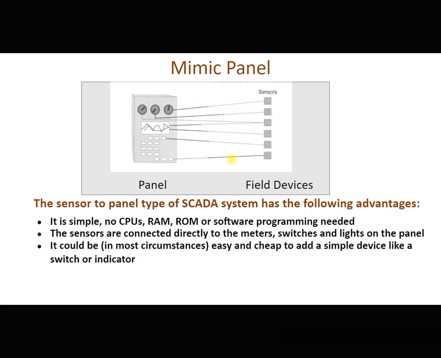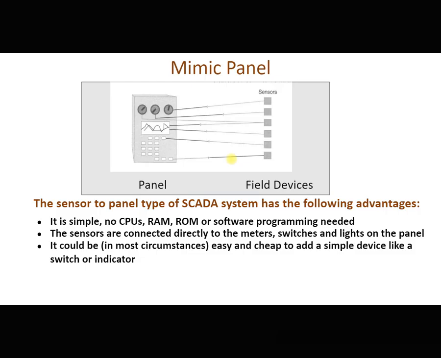You can see here, it's simple. It does not have any CPUs, RAMs, ROMs, and no software. Because everything was mechanically designed and electrically hardwired, we don't need software, and programming was not needed.